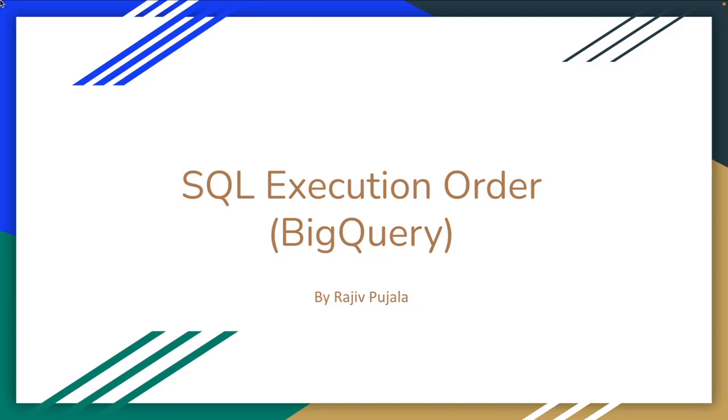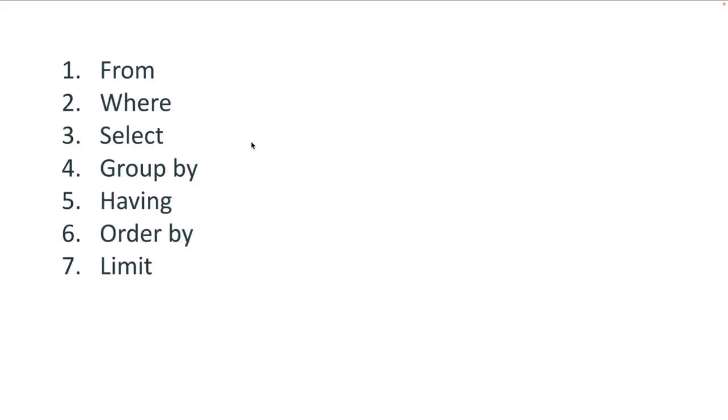So, for example, let's take a look at this one. Even if you have a program like select star from columns, SQL will not start with the select, but rather it starts with the from.